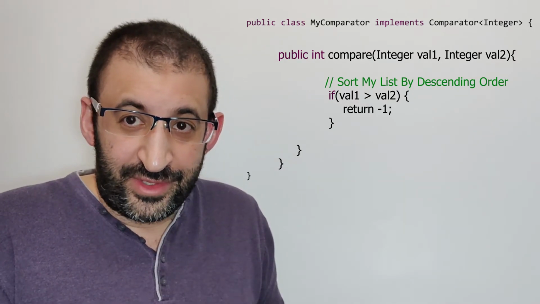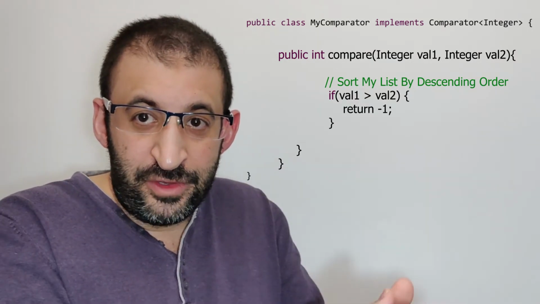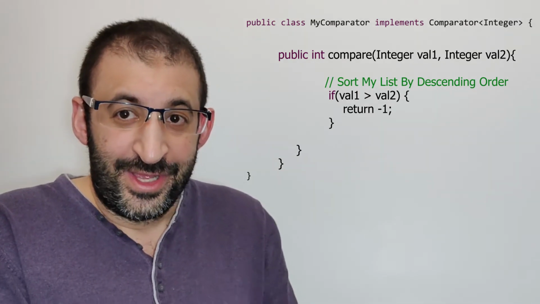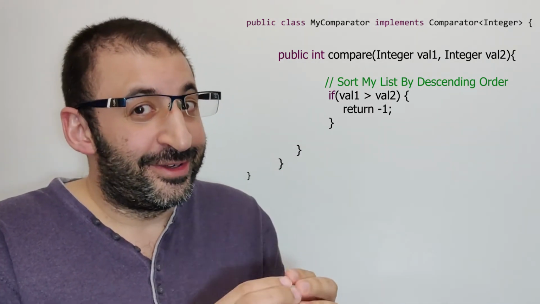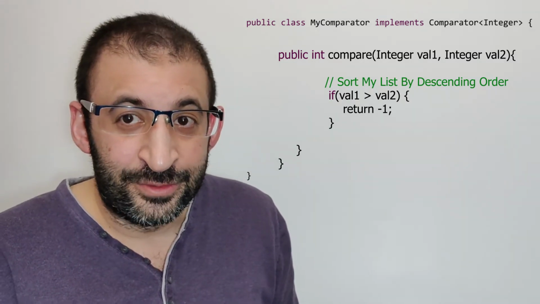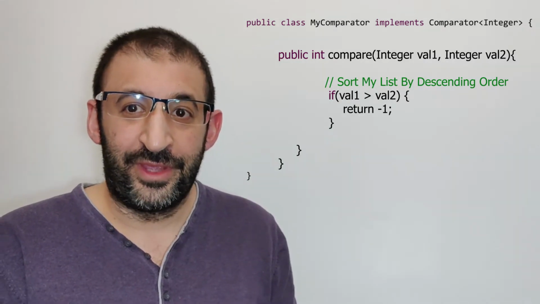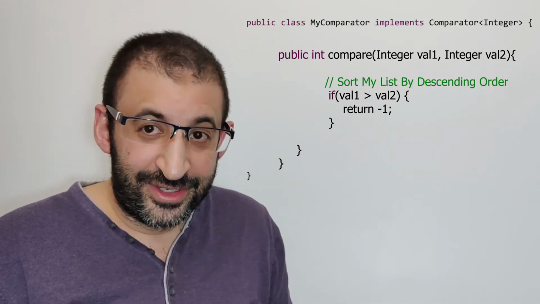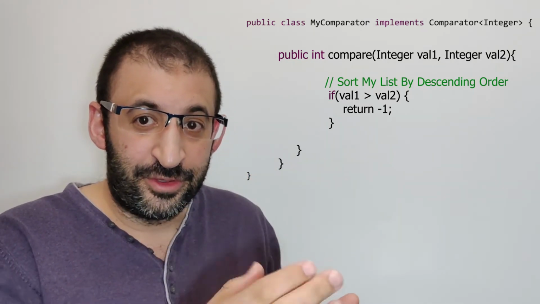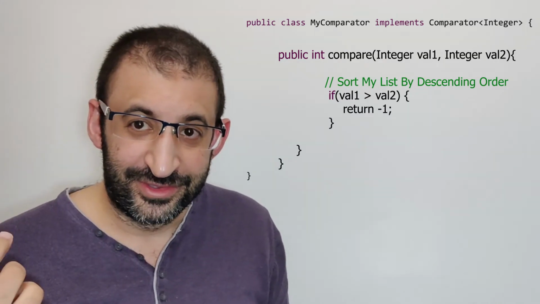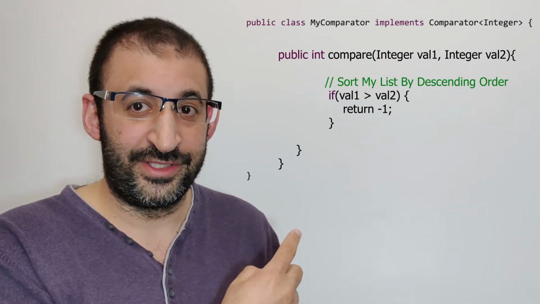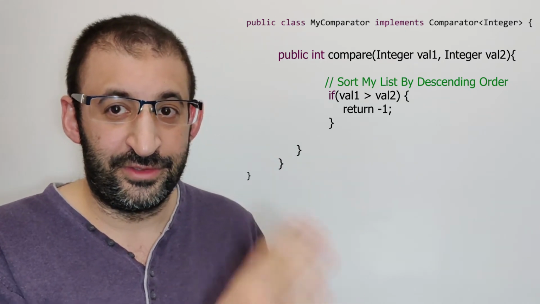I want value1 to be before value2. Okay? So in this case, what do I return? A negative value, -1 for example. Because in this case I want value1 to come before value2. Okay? Listen to the previous video if you don't understand. It's very important to understand this.